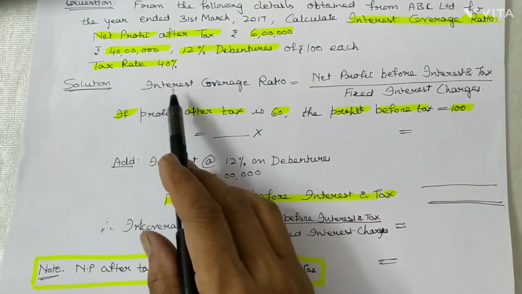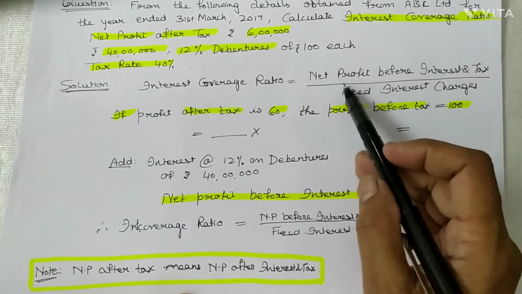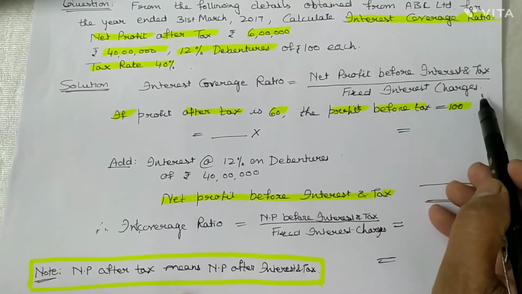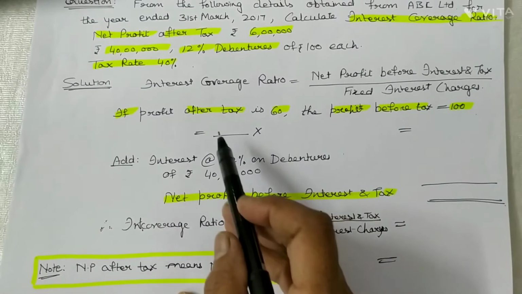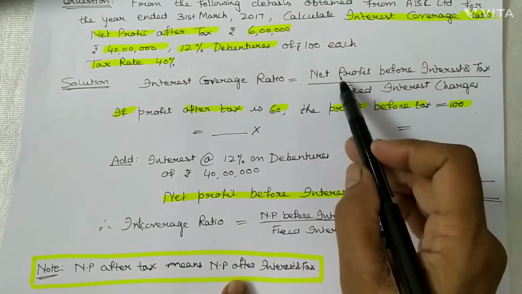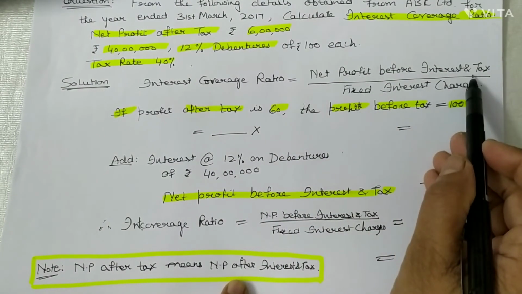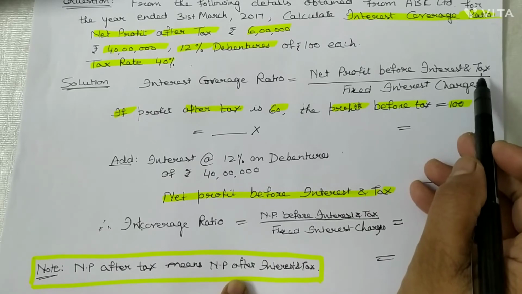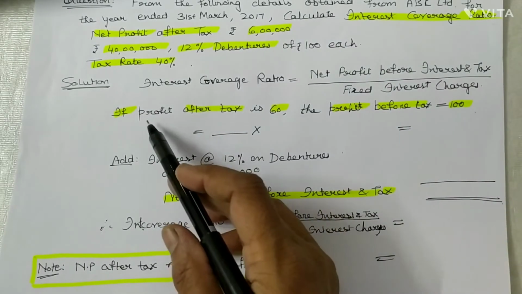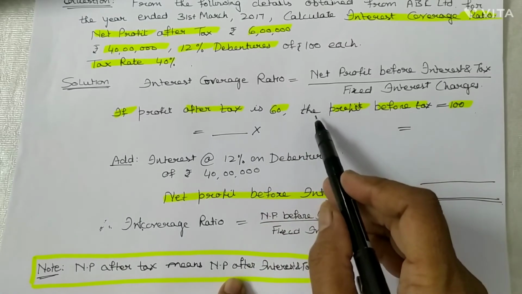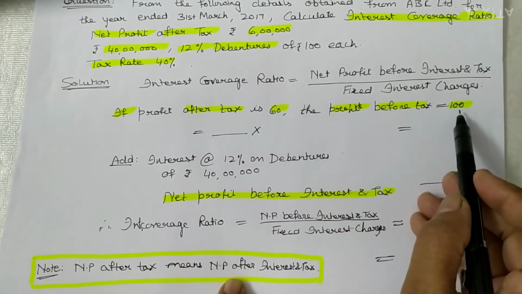For calculating interest coverage ratio, it is net profit before interest and tax divided by fixed interest charges. In this formula you need net profit before interest and tax. First of all, you have to find out net profit before tax. Let me suppose that profit after tax is 60, and the profit before tax comes to 100.